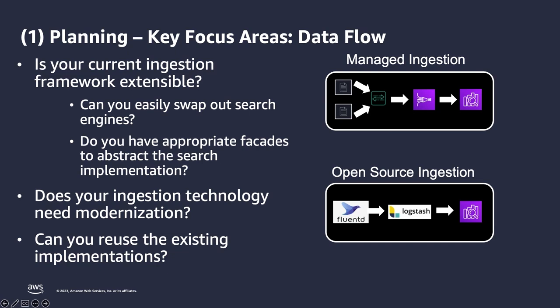You'll answer certain things like, can you easily swap the search engines, or does the data flow source work interchangeably, or do you have to change certain components on the data flow as well? Do you have open source ingestion, or do you have very vendor-specific ingestion that you might need to change, or might need to add extra components on top of that?